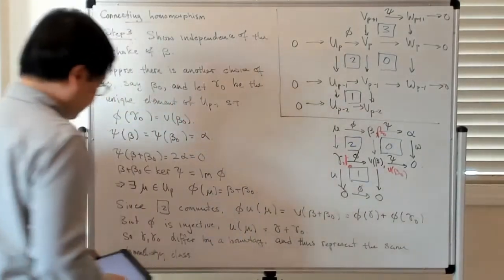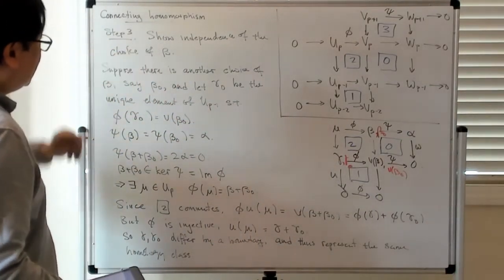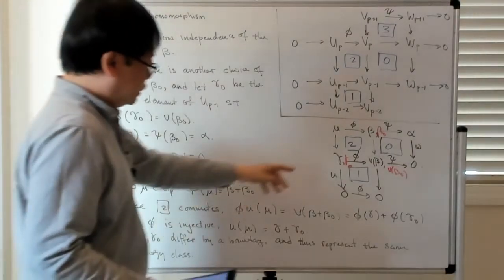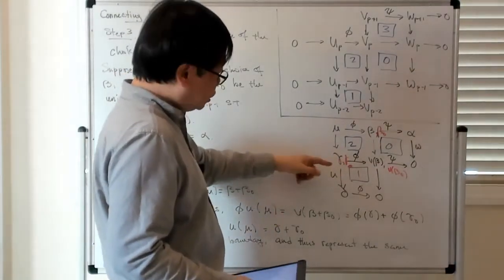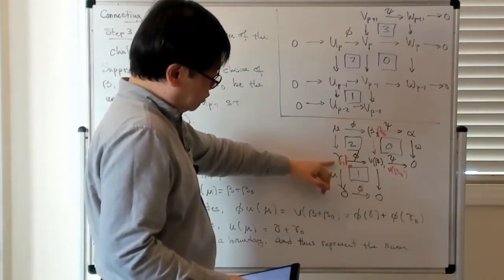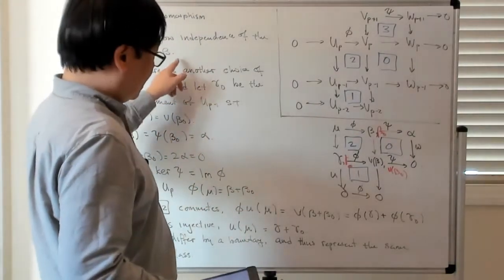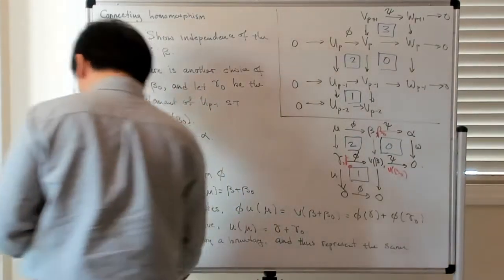So that shows that, up to homology, the connecting homomorphism is independent of the choice of beta.